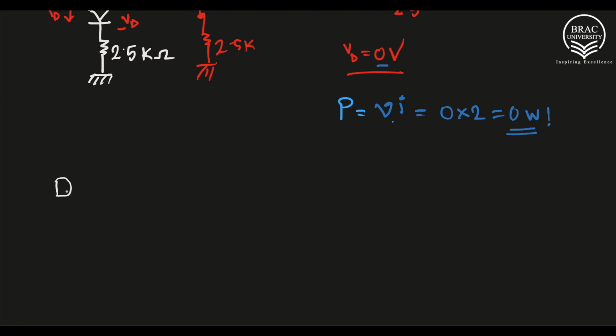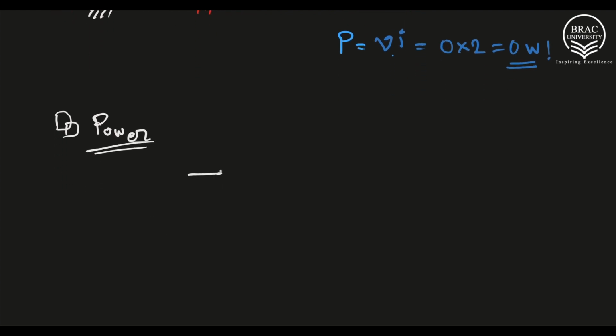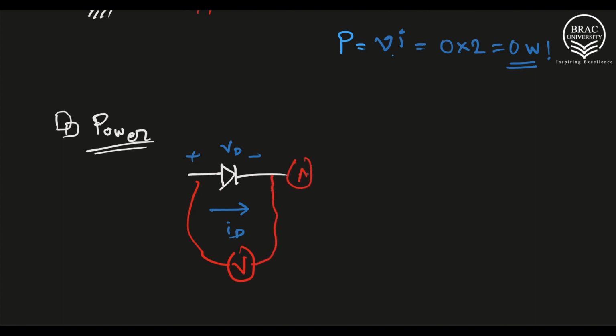First, let's consider the non-ideality of power. For example, if you take a diode with voltage VD and current ID, say you measured the voltage using a voltmeter and the current using an ammeter.